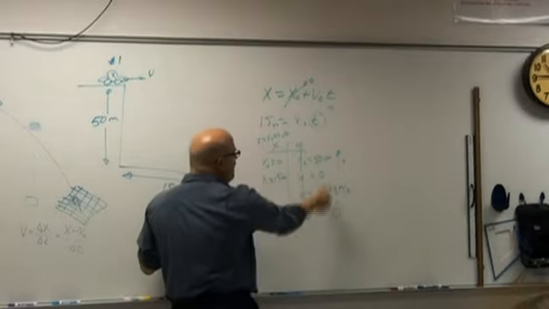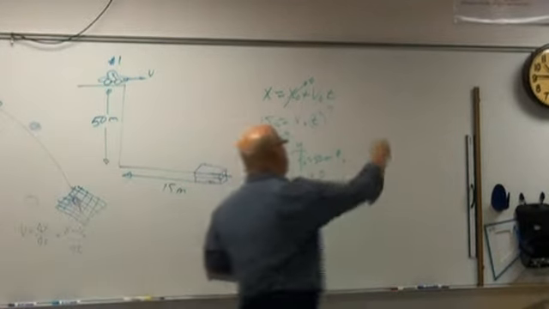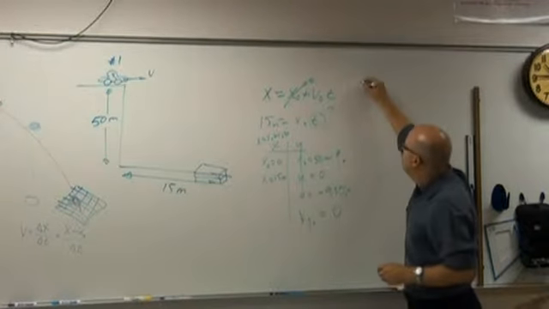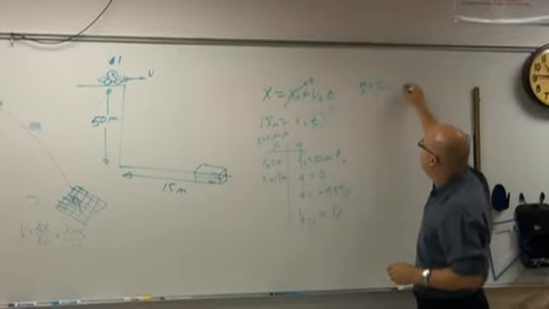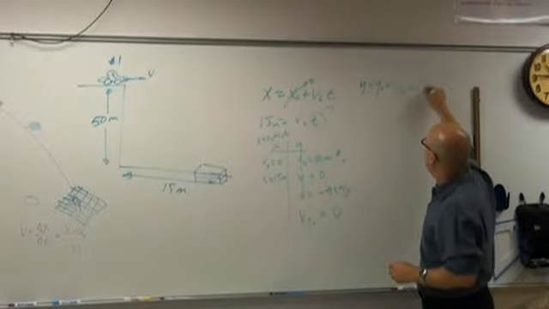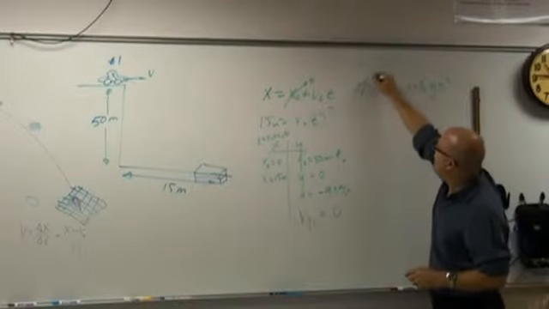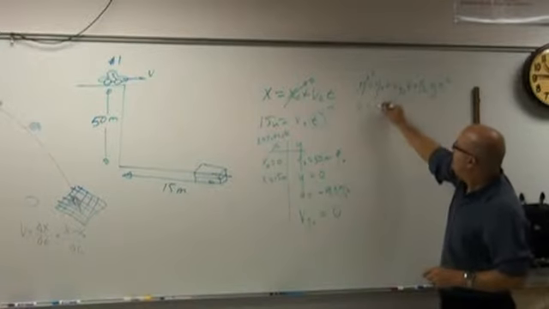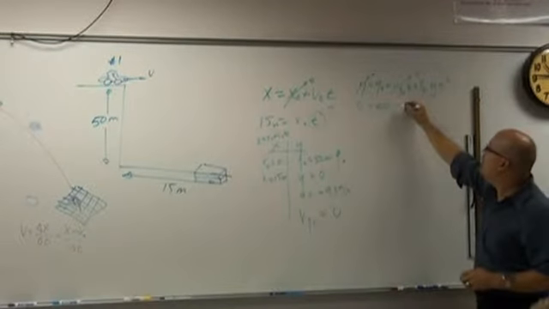Now, knowing this information, can we find time? Yes, we can. And it looks like this. y equals y naught plus v y naught t plus 1/2 g t squared. But I'm landing at 0. This is 50. That's 0. Our initial velocity is 0.